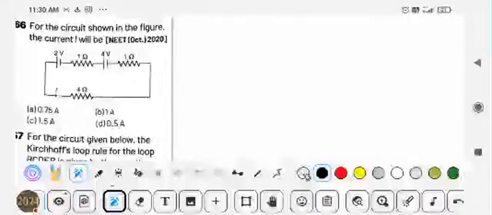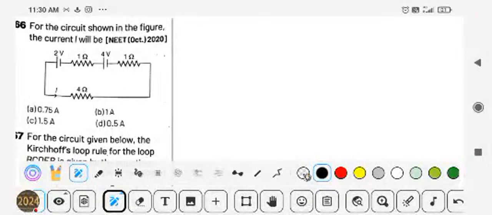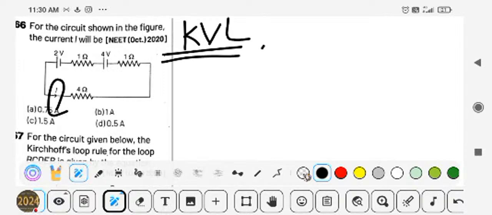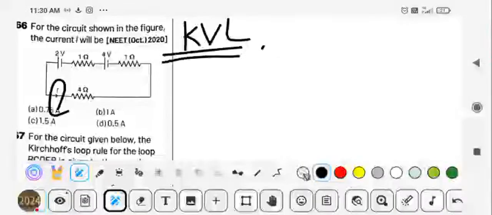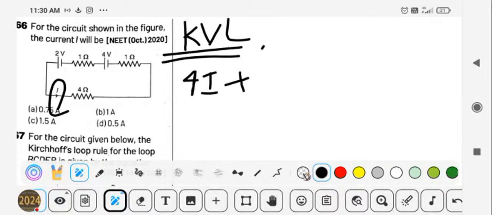Can we solve by Kirchhoff's voltage law? For circuits, we have to apply Kirchhoff's voltage law. Here, I is going in this direction, right? If so, by KVL, in the direction of the current we can write a positive value. So 4I, right? Again in this direction only, we can write 1I.